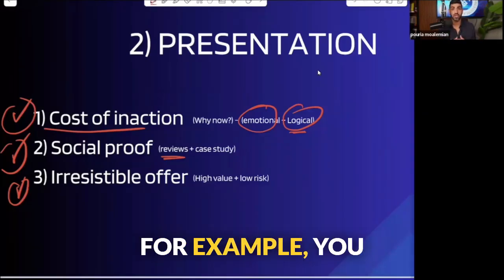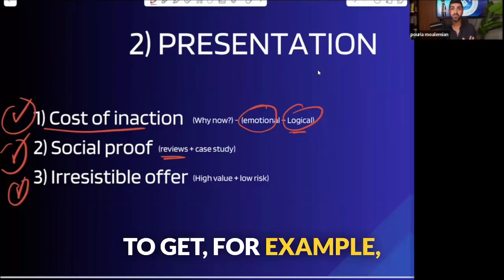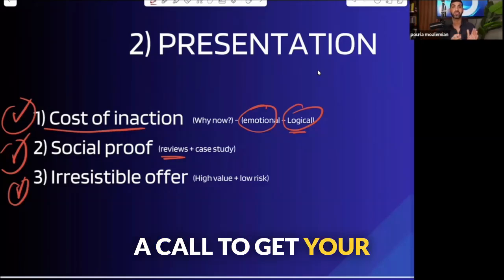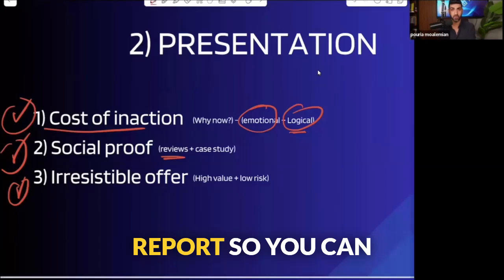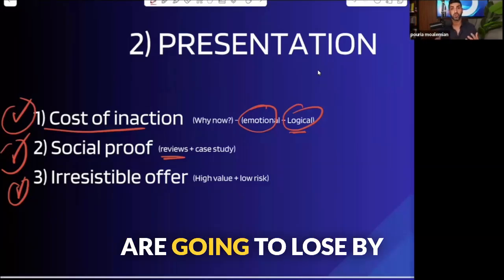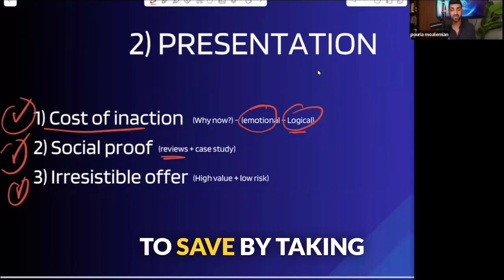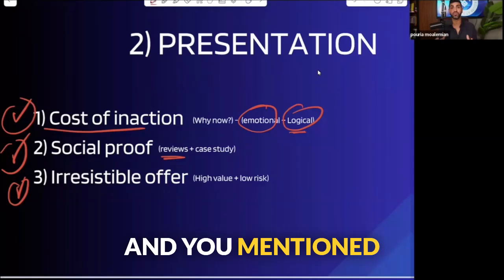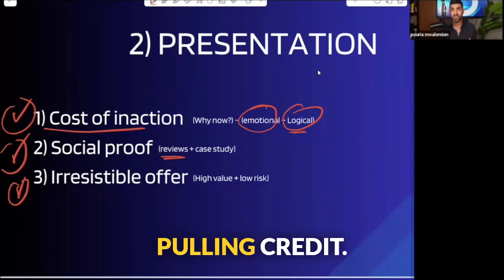For example, you can say go ahead and book a call to get your custom buy now versus waiting report. So you can see how much you're going to lose by waiting and how much you're going to save by taking action right now. And you mention multiple times that there is no commitment and there is no pulling credit.